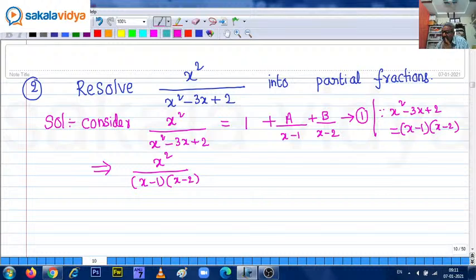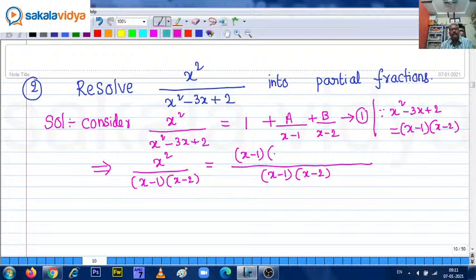This equals to x minus 1 into x minus 2, x minus 1 into x minus 2. Now x minus 1 cancels, a times x minus 2; x minus 2 cancels, b into x minus 1.